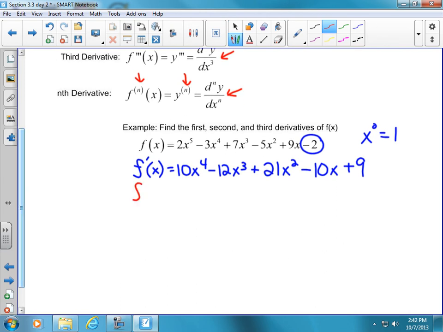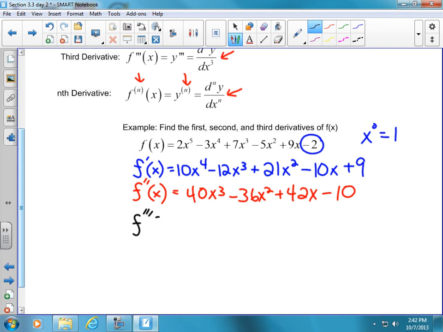How about a second derivative? Told us to find 3 of them. So second derivative, 40x cubed minus 3 times 12 is 36x squared. These 2 multiplied together are 42 x's minus 10. Be careful not to drop some of your exponents.